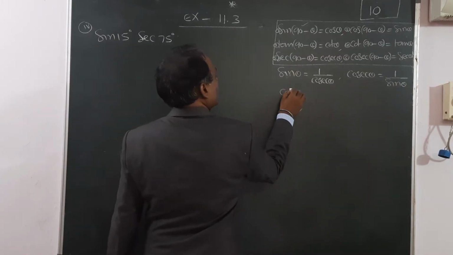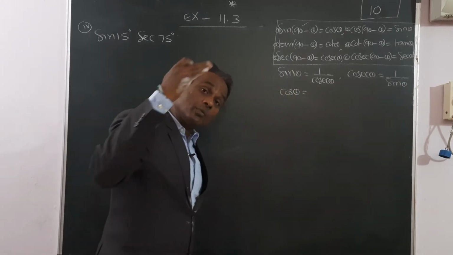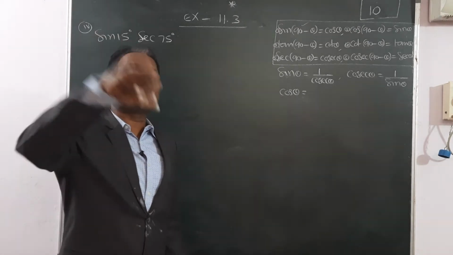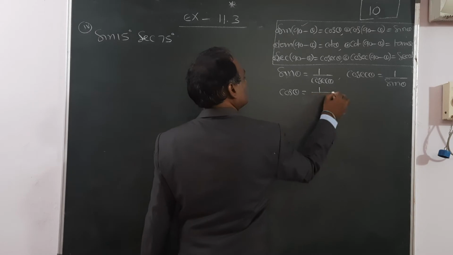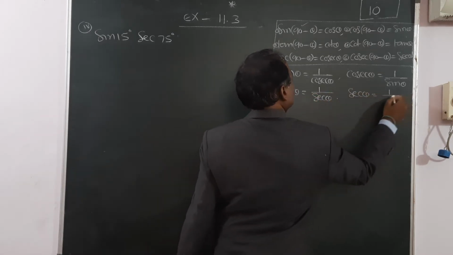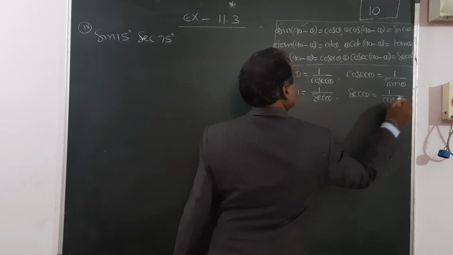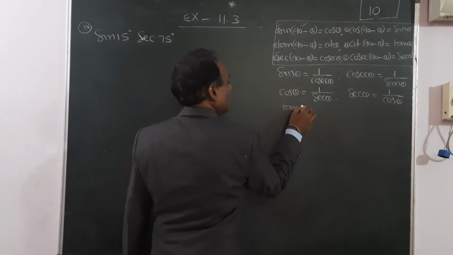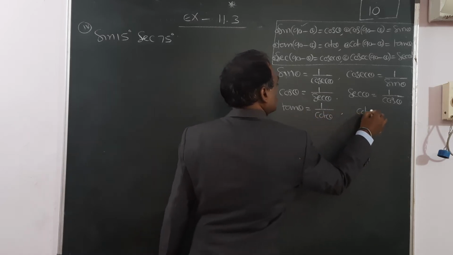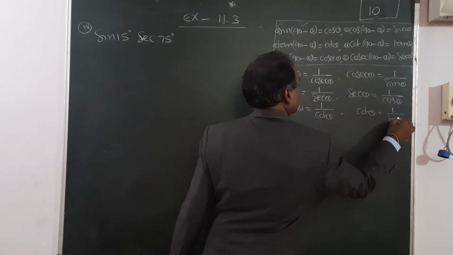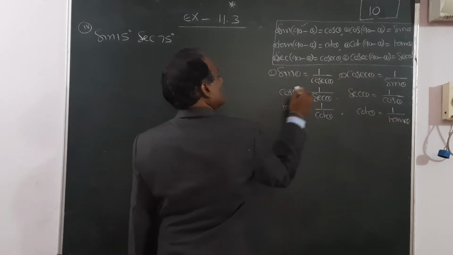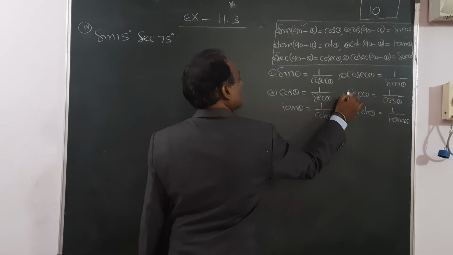Same way, cos theta is adjacent by hypotenuse. Secant theta is hypotenuse by adjacent, reciprocal. Same rule for tan and cot. We studied these formulas.